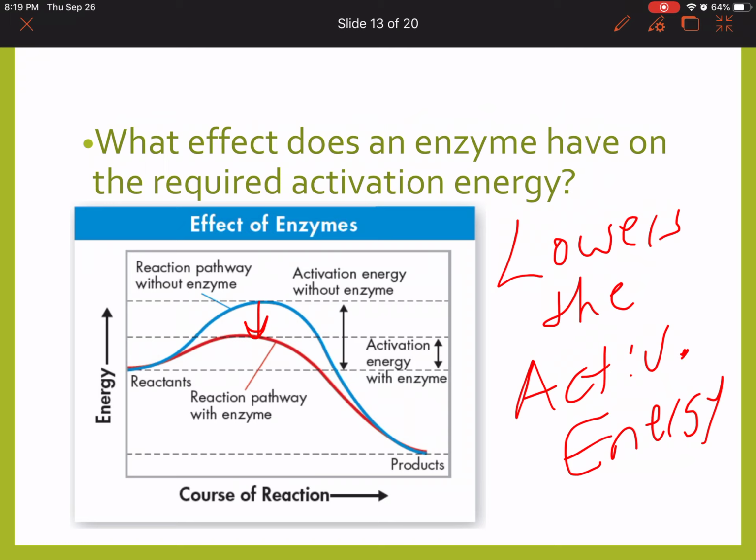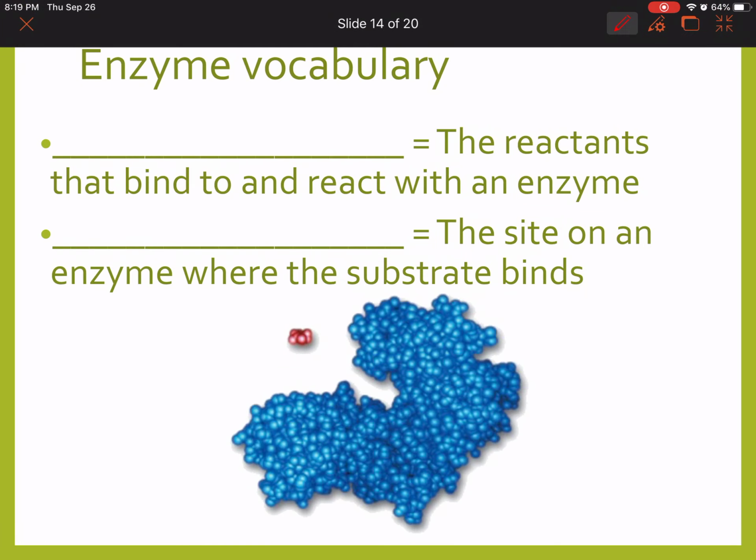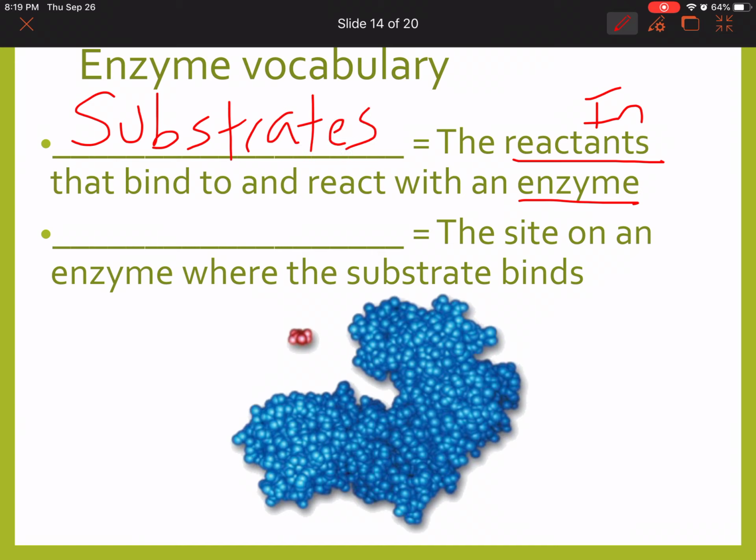So next up, we're going to do just a tad bit of vocabulary. Again, wonderful words to know. The reactants, remember reactants are what goes into the reaction, for an enzyme are called its substrates. So in this example down here, the substrate would be this tiny red thing. It's going into the enzyme, and the enzyme's going to react with it somehow.